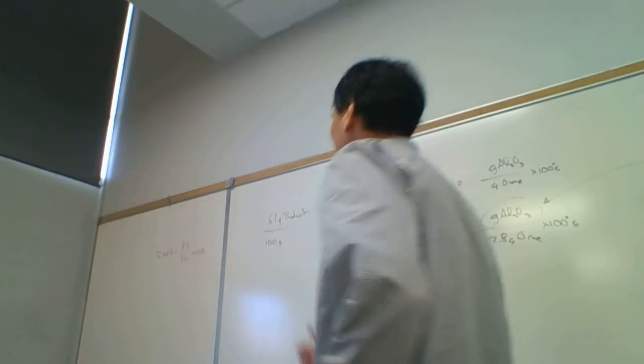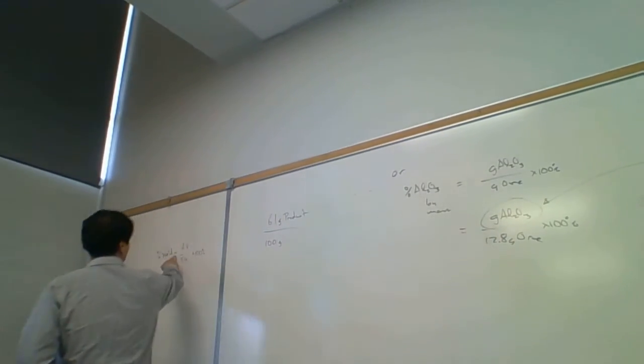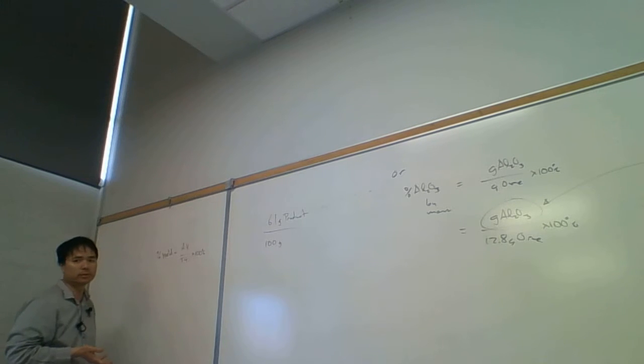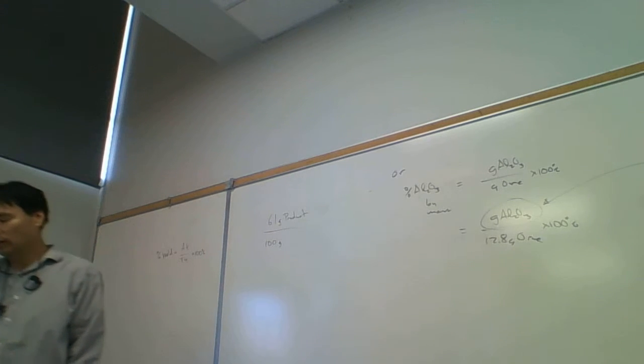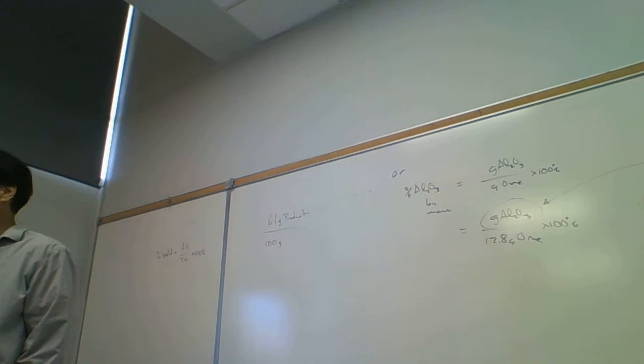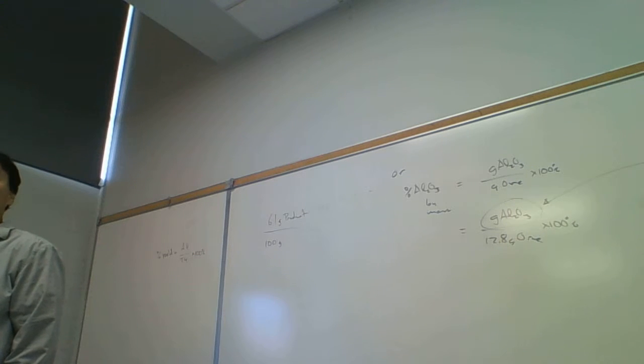All right, so the percent yield is the actual yield over the theoretical yield times 100%. And so in the cookies, what was our percent yield for the cookies? Was it 99%?